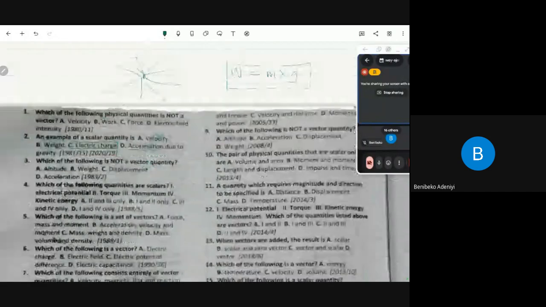Acceleration due to gravity, G, is a vector as well. Now, what is weight? Weight is also a type of force. Mass times gravity. So weight is also a vector. So the correct answer is electric charge. It is a fundamental quantity. Do you remember?